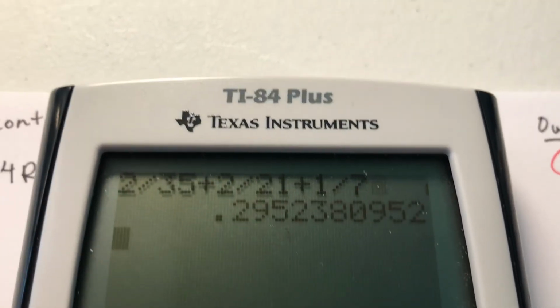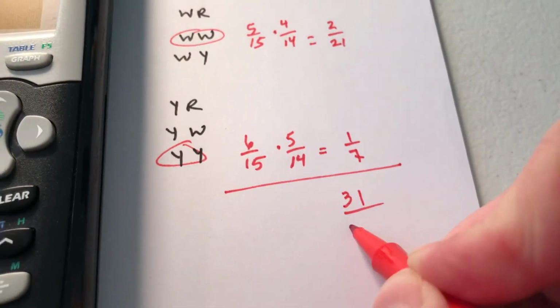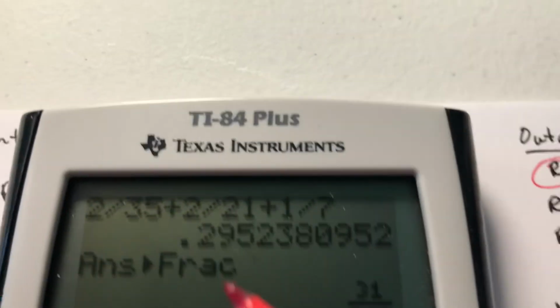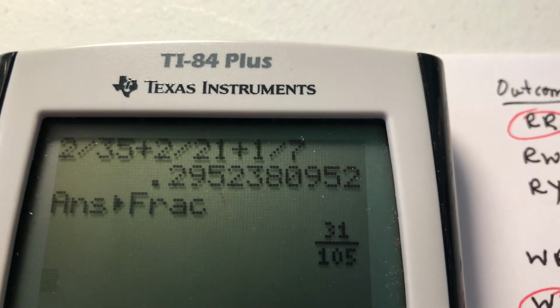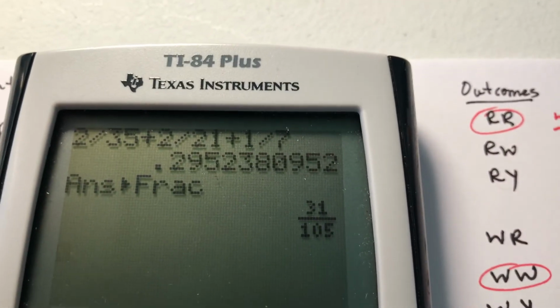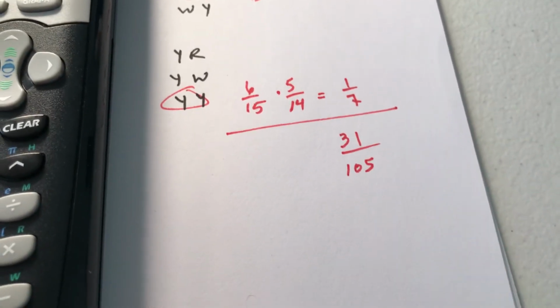Math, enter, enter. 31/105. That's the chance, which if you look at it as a decimal, you can see it's like a 29.5% chance. I think that's probably an easier way to look at things in percents, but this one is just 31/105. All right, that takes care of 8.3.